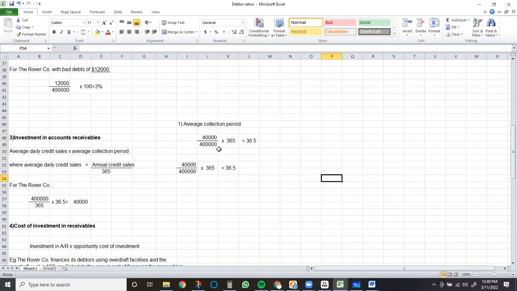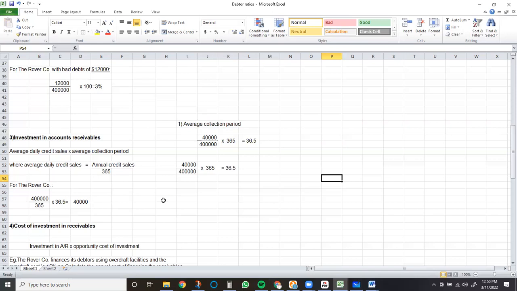So if 400,000 over 365 is 36.5, then clearly 400,000 divided by 365 times 36.5 would give us the debtors figure, 40,000.